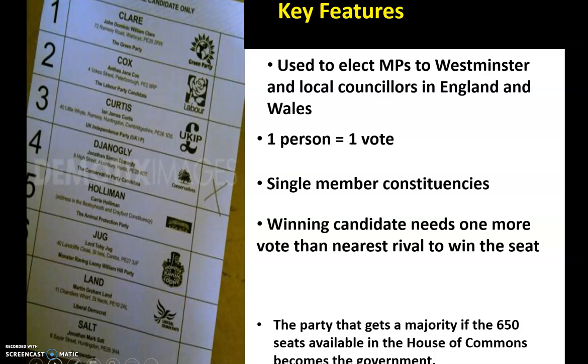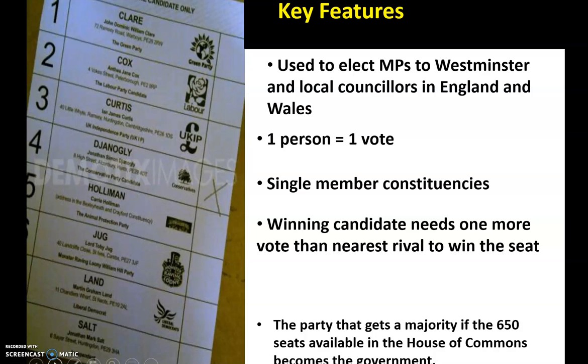Let's say there's three candidates who stand for the election, and let's say that Marcus Jones, the Conservative candidate, gets, I have to do some very quick maths now, 26,001 votes. Let's say Labour comes second and they get 26,000 votes, and the Liberal Democrats come third and they get 10,000 votes.